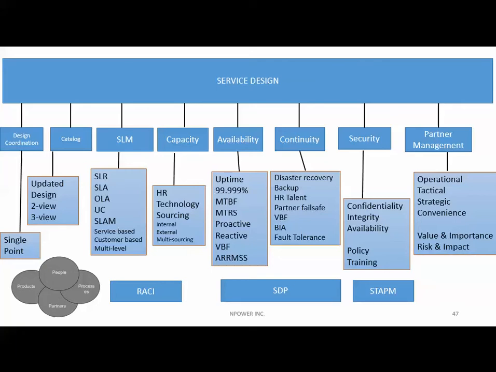VBF. What's VBF? Vital business functions, right? With continuity, I'm trying to make sure I can at least provide vital business functions, okay? And again, with continuity, it's going to depend on how important the service is. If the service is really important, we might need to invest a substantial amount of dollars in a continuity plan, all right?